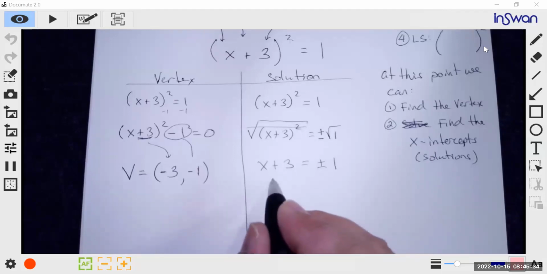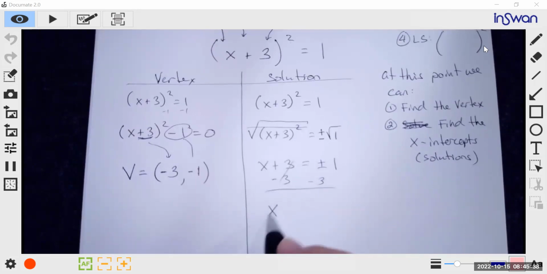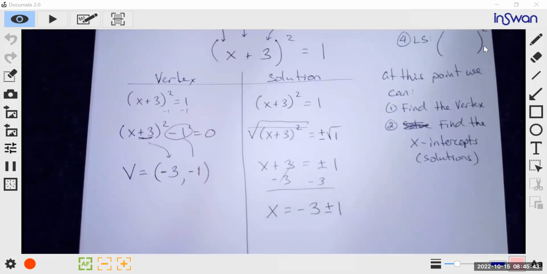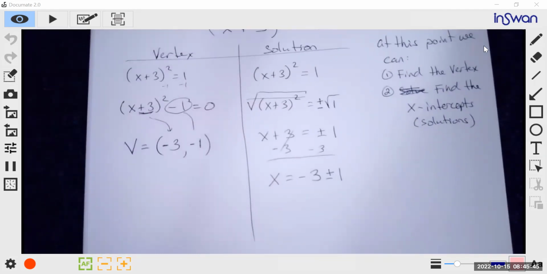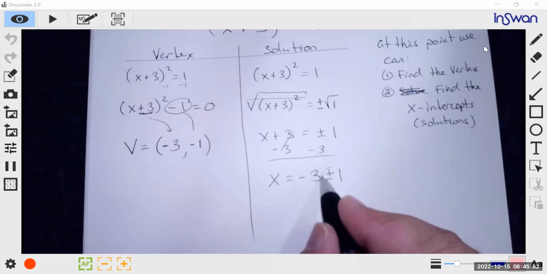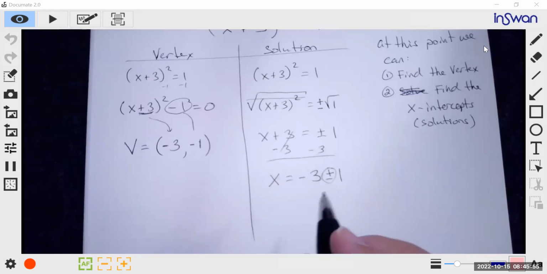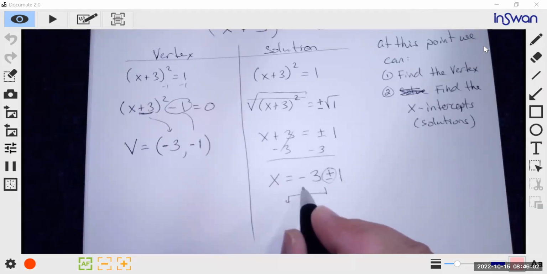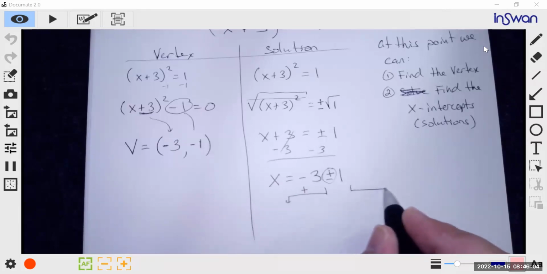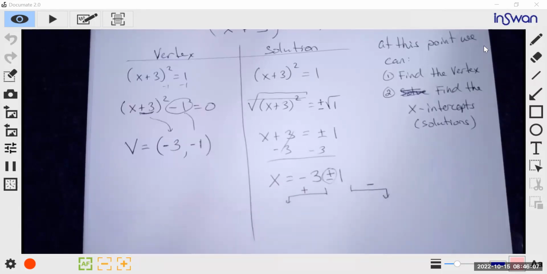Now solve for x. So x is equal to -3 plus or minus 1. Those are my two solutions. I have two solutions because of that plus or minus. I use the plus side there and use the minus side there.